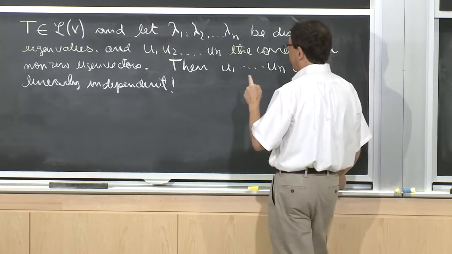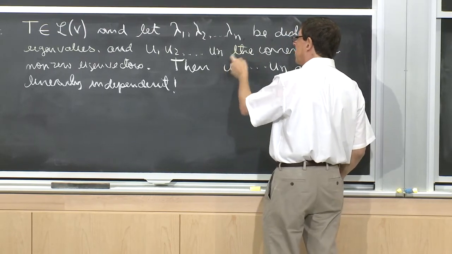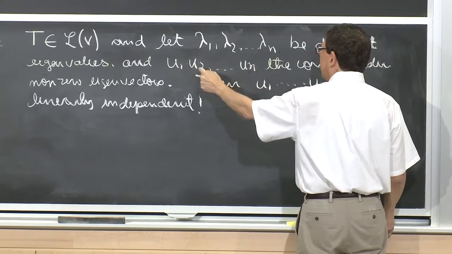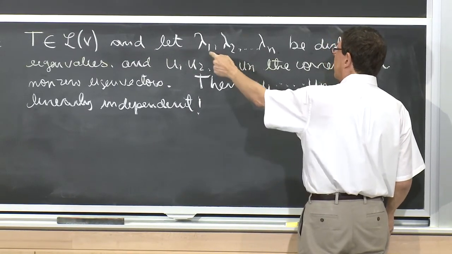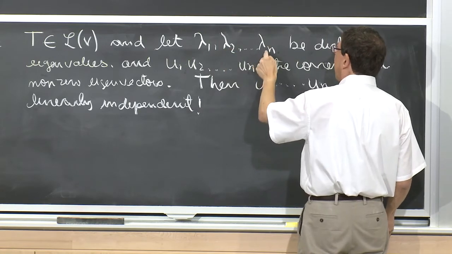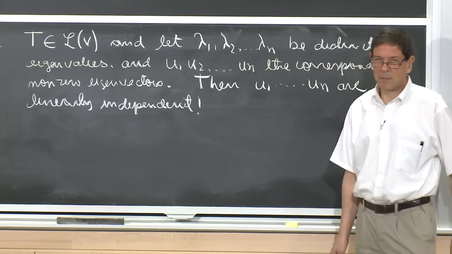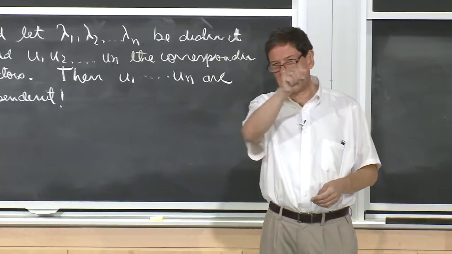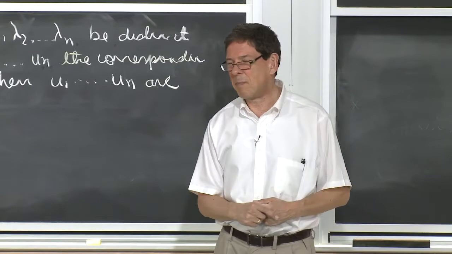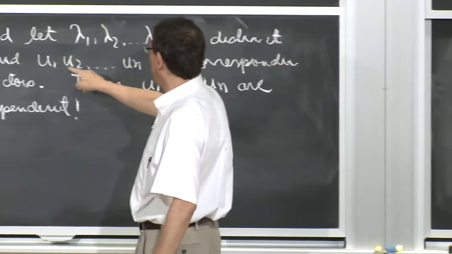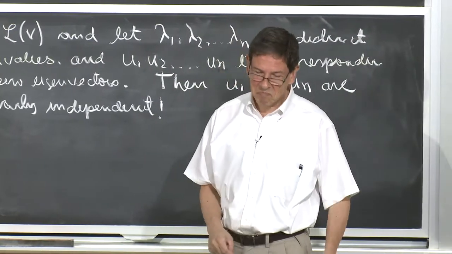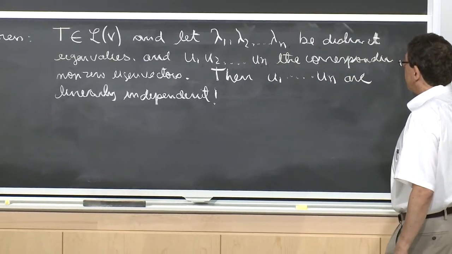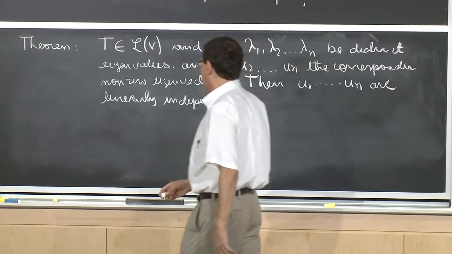Therefore, if you have an operator acting on a vector space of dimension n, since you cannot have more than n linearly independent eigenvectors, you cannot have more than n eigenvalues that are different. So if you have a 3 by 3 matrix and list 4 different eigenvalues, that's not possible, because you would have to have 4 linearly independent vectors. So it's something that you learn. So it's worth trying to prove this theorem.